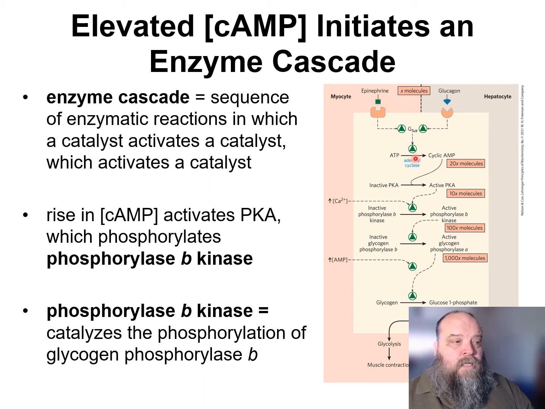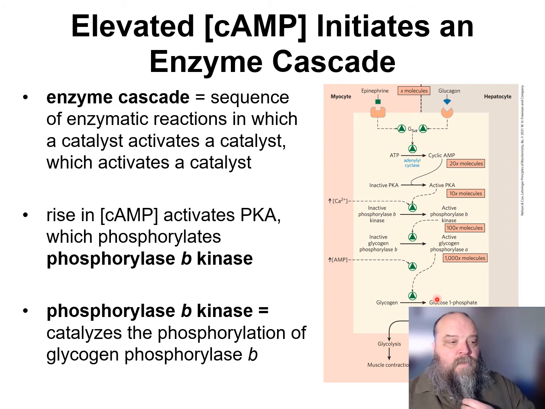One G protein activates adenylyl cyclase. Each adenylyl cyclase will make about 20 cyclic AMPs. 20 cyclic AMPs go and activate about 10-ish PKA each. Those 10 go and activate 100 phosphorylase B kinase. Phosphorylase B kinase will convert B to A, slightly active to the active form, of about 1,000 molecules.